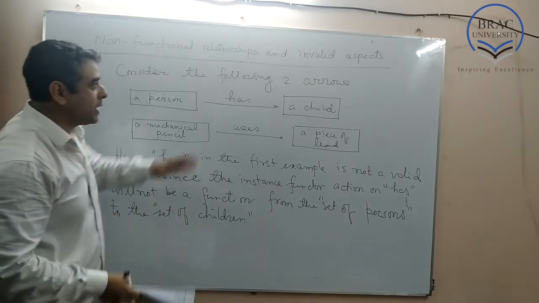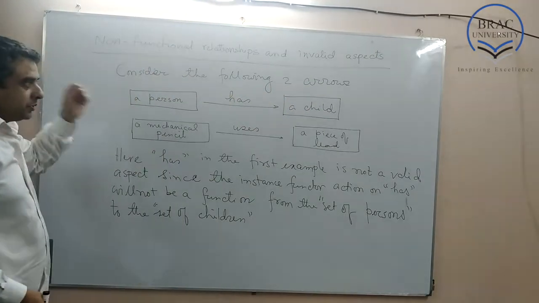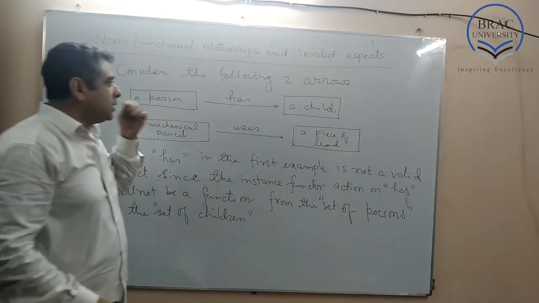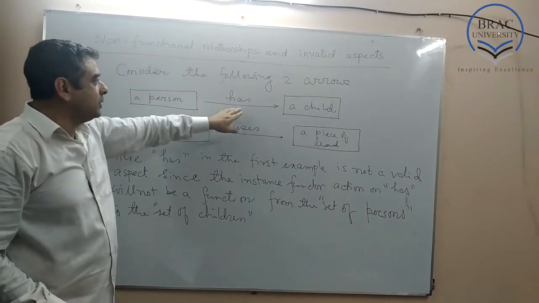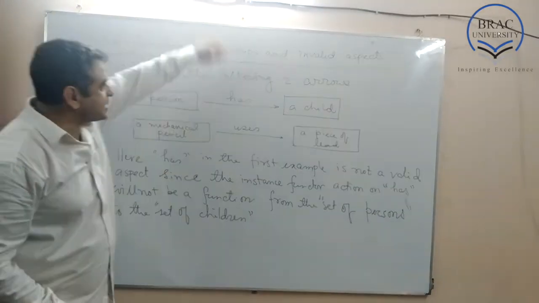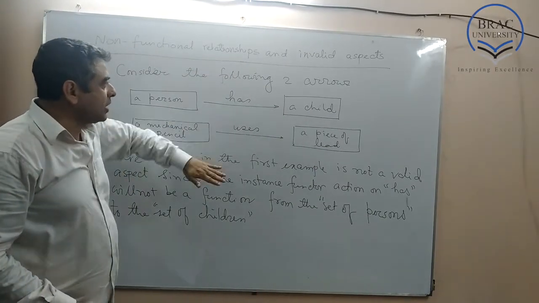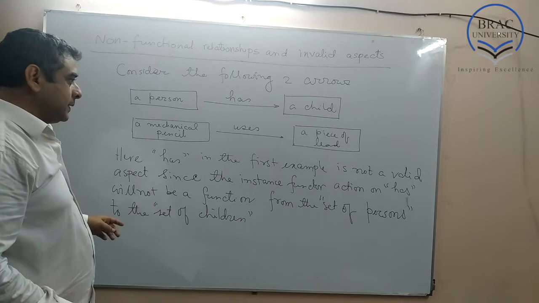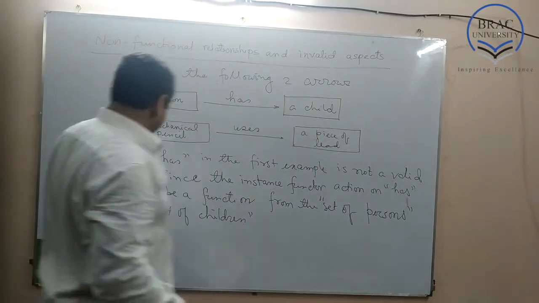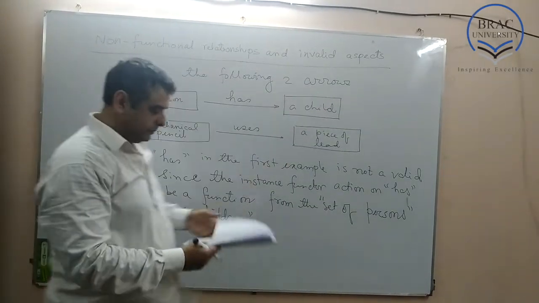Let me explain a little more about this. So this was the Olog. I mean that there are two types and they are talking to each other by means of this aspect has, and this aspect is not a valid aspect since under the instance functor this aspect is not a function from the set of persons to the set of children.